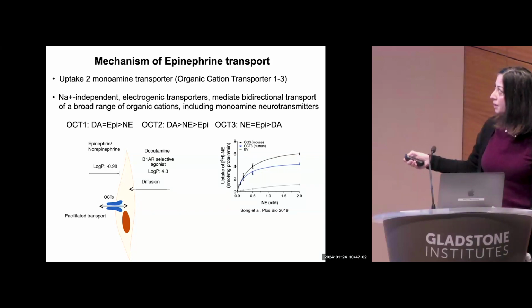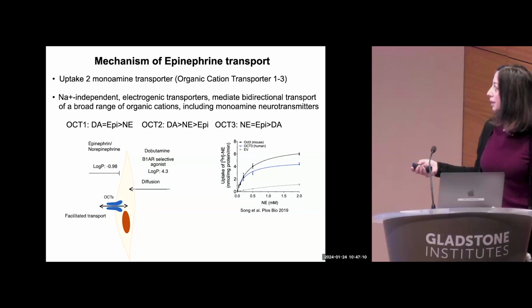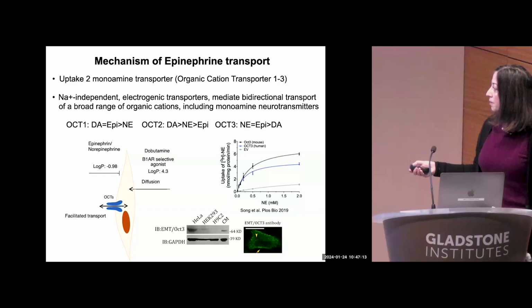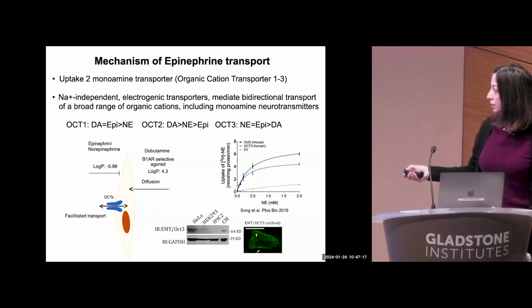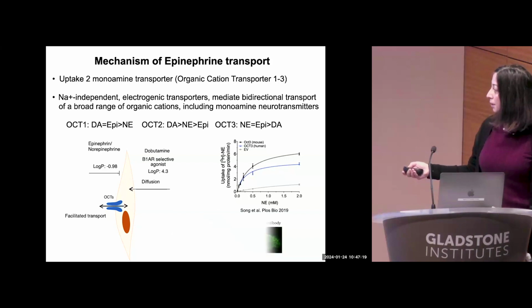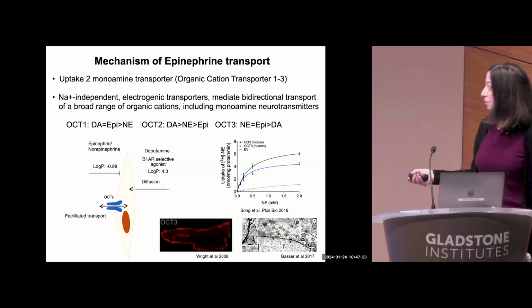What's interesting about this transporter is that it functions in a bidirectional manner, so it can bring ligand in and out of the cell depending on the concentration of the ligand inside of the cell. So what we found is that in our HeLa cells that we were testing in tissue culture, this transporter is expressed at a high level, but interestingly, it is also expressed at a relatively high level in cardiomyocytes.